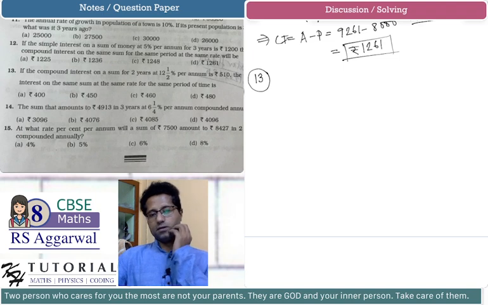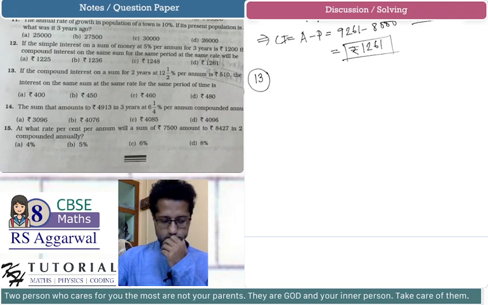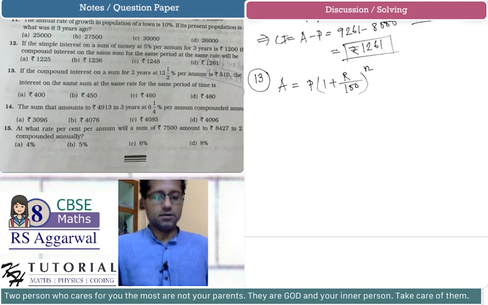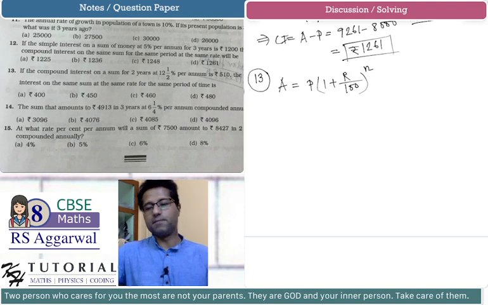Now whenever u is equal to 12 months and the time period is an integer, which in this problem is 2, the formula of amount is A is equal to P multiplied by (1 plus R by 100) to the power n, where n is an integer which represents the period of time in years, and P is the principal sum.